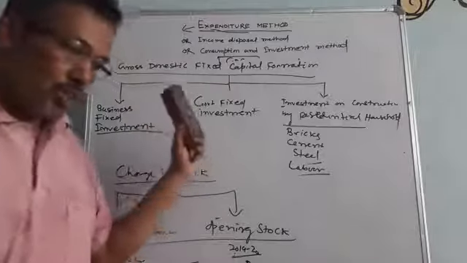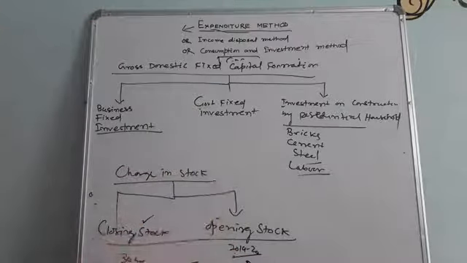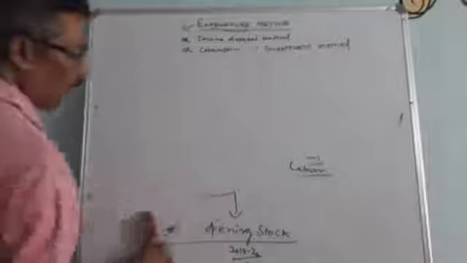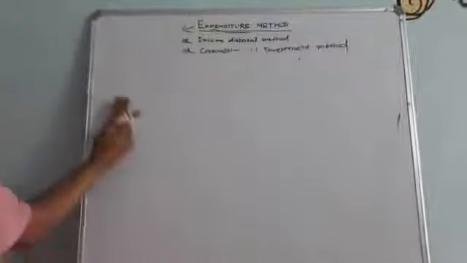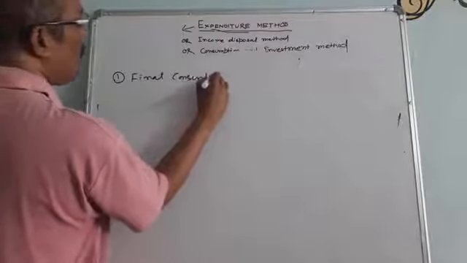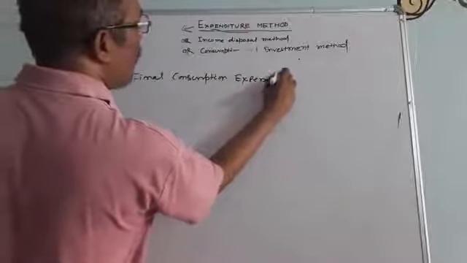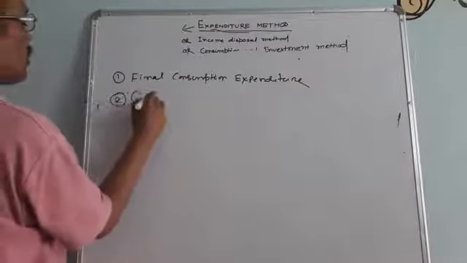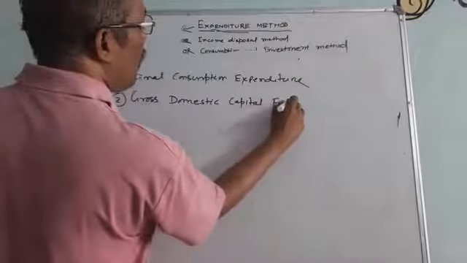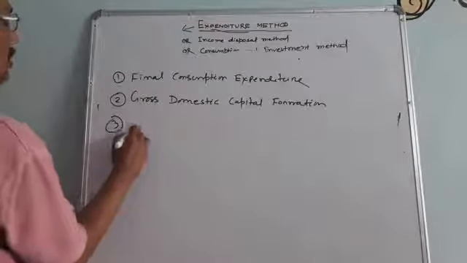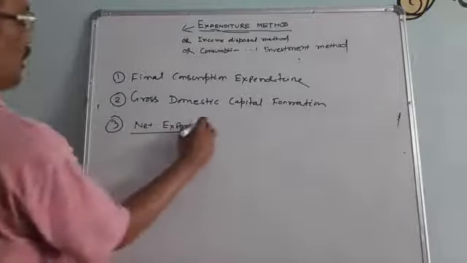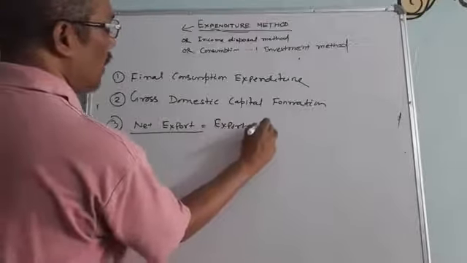Second one is gross domestic capital formation, and third one is net export. Net export is export minus import.